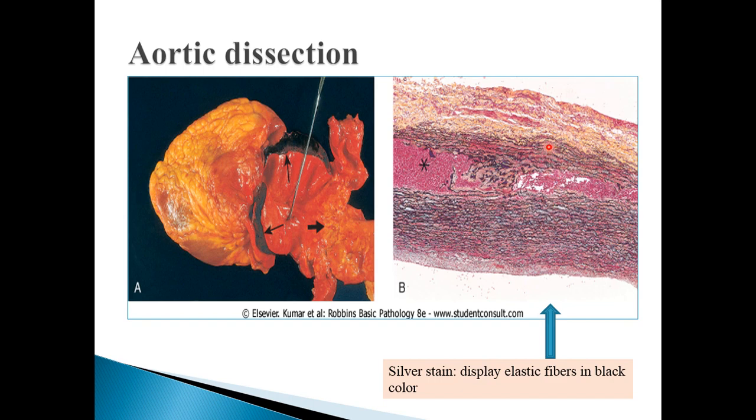This layer is the media because it contains the black elastic fibers. In this area of the media we have a defect, and we cannot see any black lines here. The black star represents the blood that is dissecting through the media.